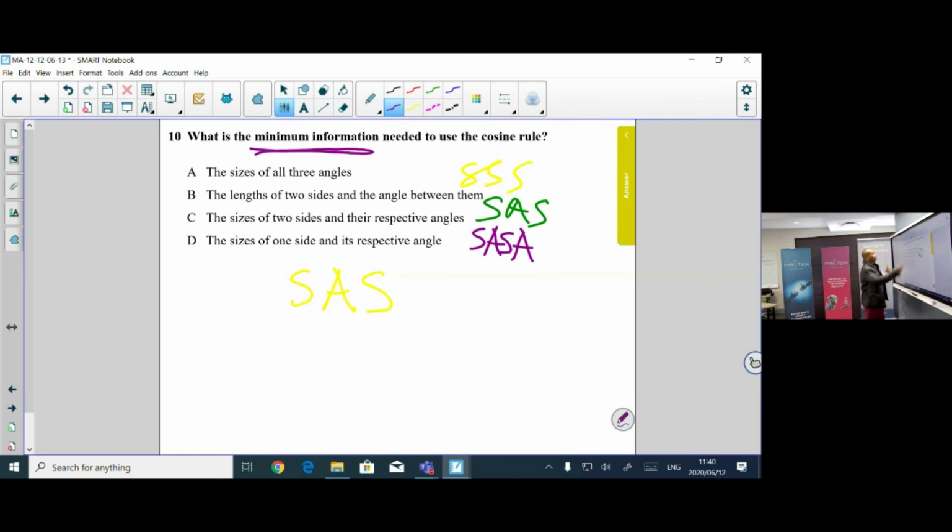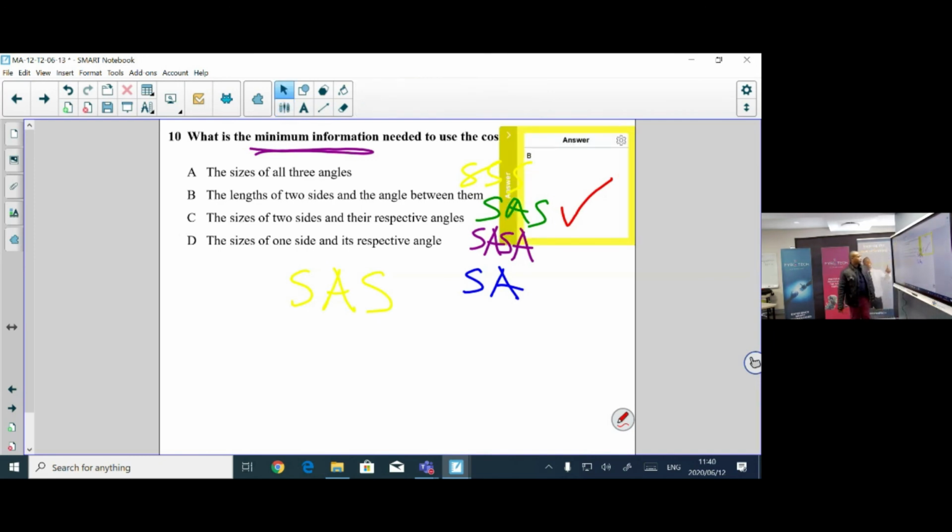And then the last option would give you side and angle. That's not enough information. So the best answer here I would opt for would be B, which would give you your cosine rule without much trouble.